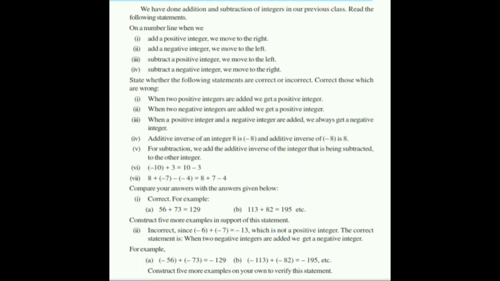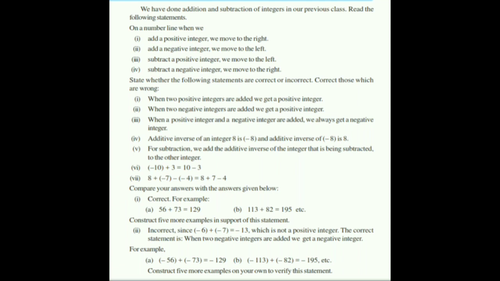So, when two integers have different signs, we subtract the smaller from the greater and put the sign of the greater integer. Example, -9 plus 5 is equal to -4.